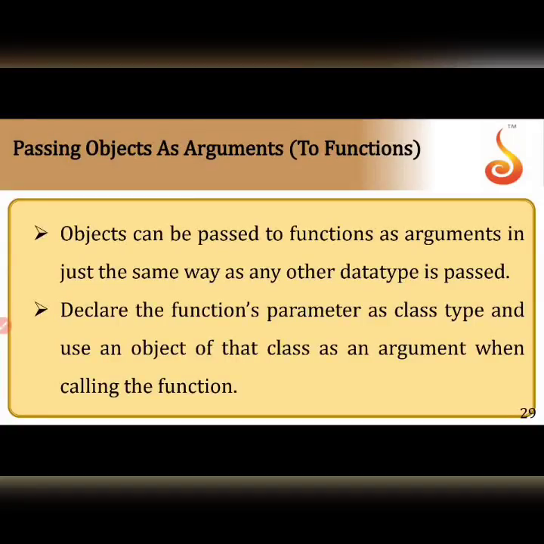Now we will do passing objects as arguments to a function. Before that I will write one small program which will show you how to pass integer arguments, then I can relate it to the objects.